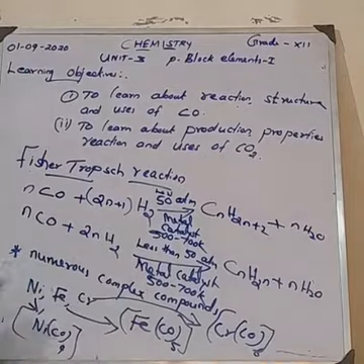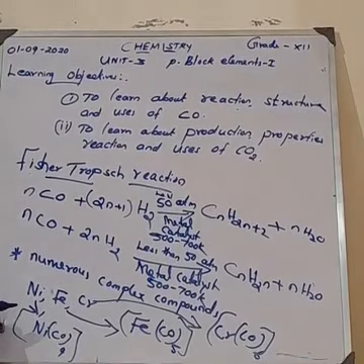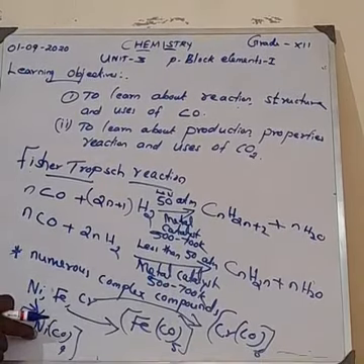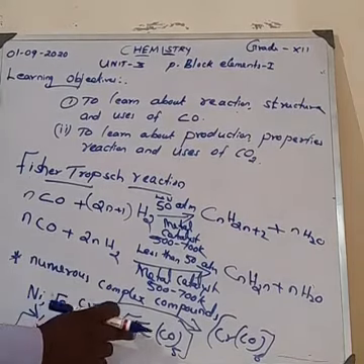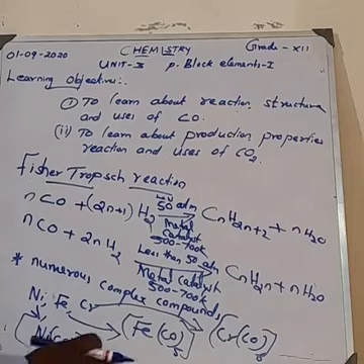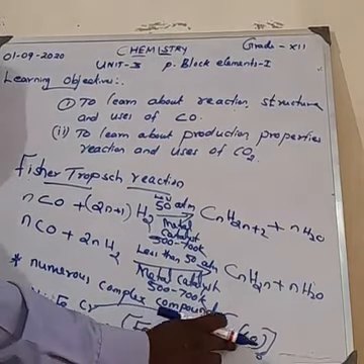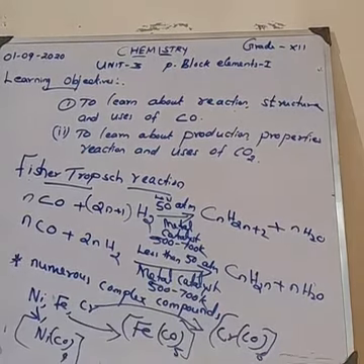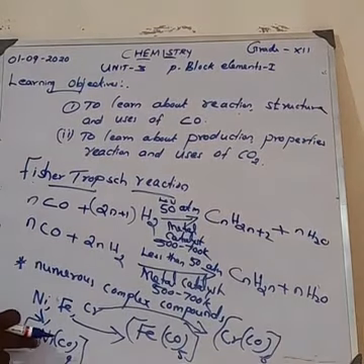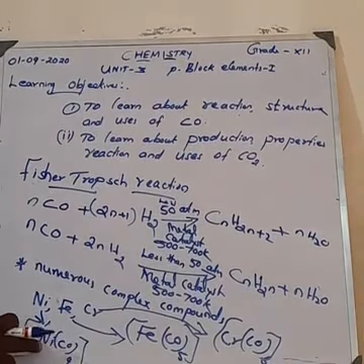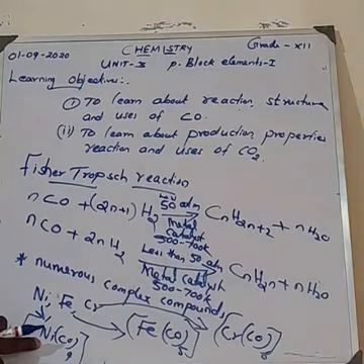Numerous complex compounds. What are the three examples? Complex formation with nickel and carbon monoxide, the complex formed by iron and carbon monoxide, and the complex formed by chromium and carbon monoxide. How can you say the name? First say the metal name. What is the metal name here? Nickel.